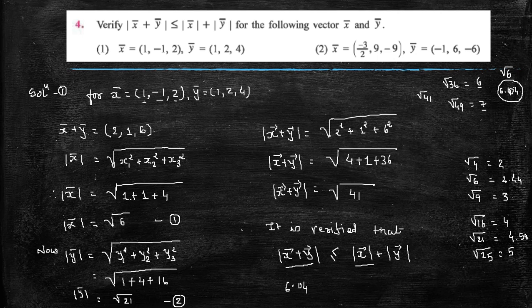Now root 6 means 2.44, and instead of root 21 we should write 4.58.